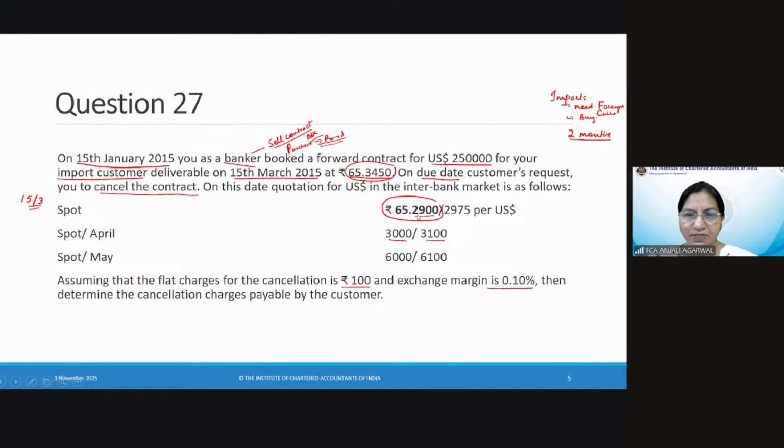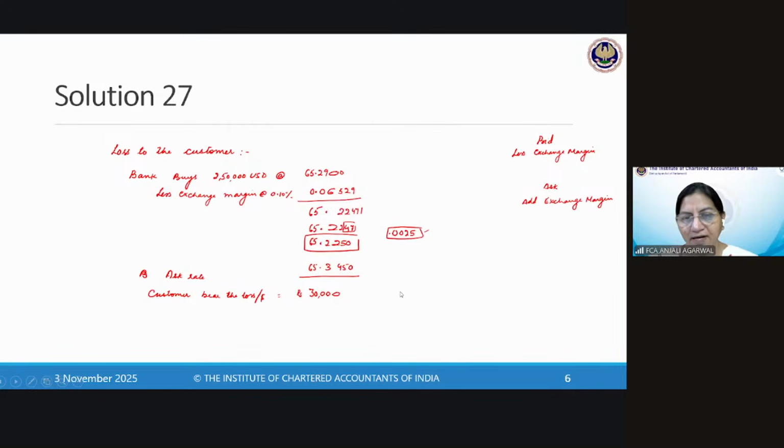So the opposite position will be taken to cancel the contract. So the bank will buy what it had sold. The sell rate is 65.3450. The buy rate would be 65.2900 less 0.10% margin. Because this buy bid rate is lower, the customer will stand to lose 30,000.